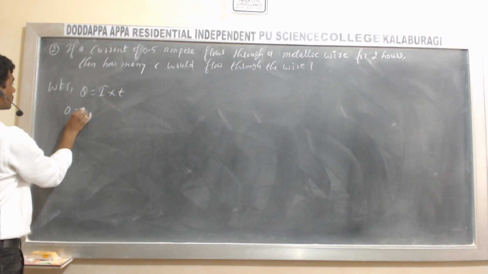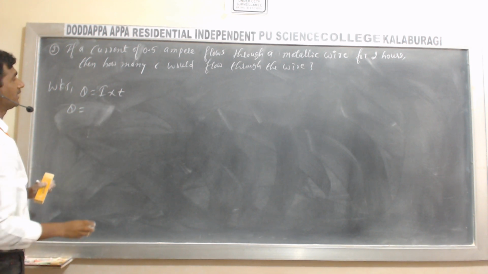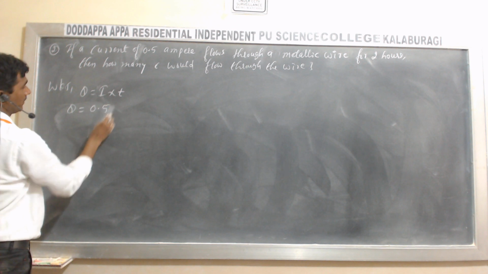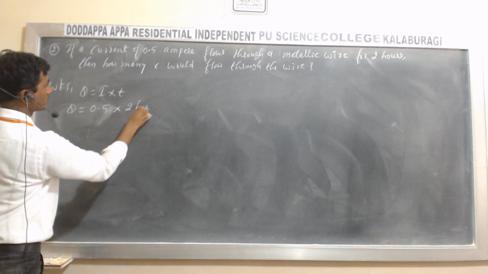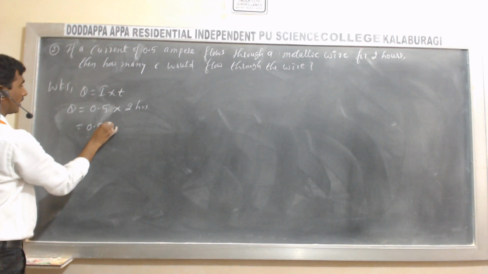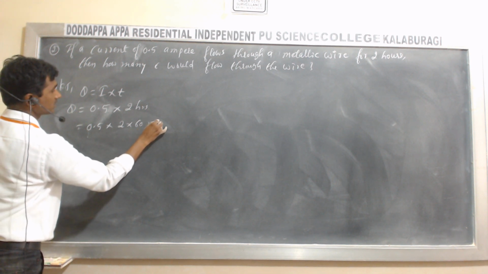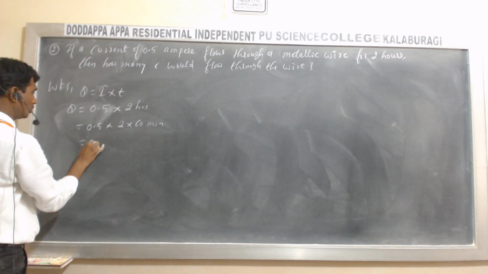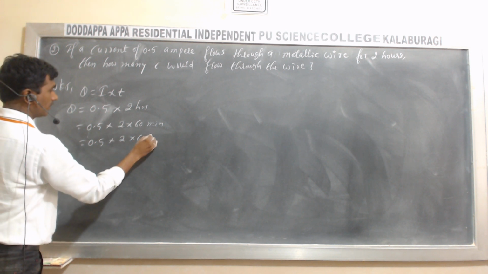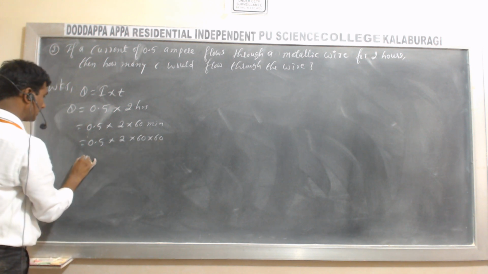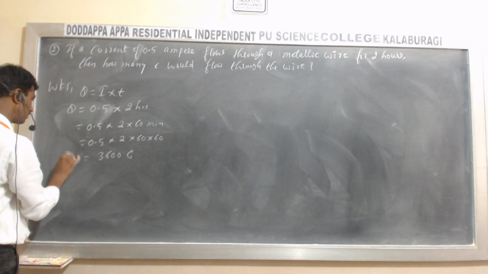The current is 0.5 ampere and the time is 2 hours. 1 hour means 60 minutes, and 1 minute is equal to 60 seconds. In total, Q is equal to 3600 coulomb.